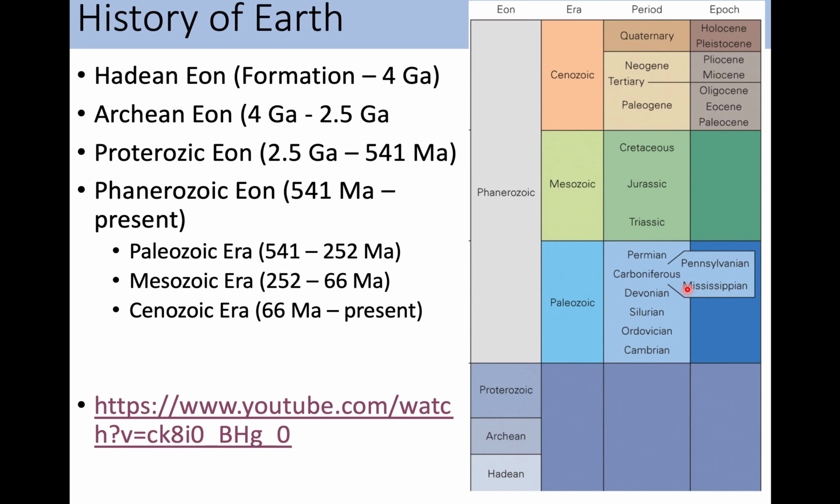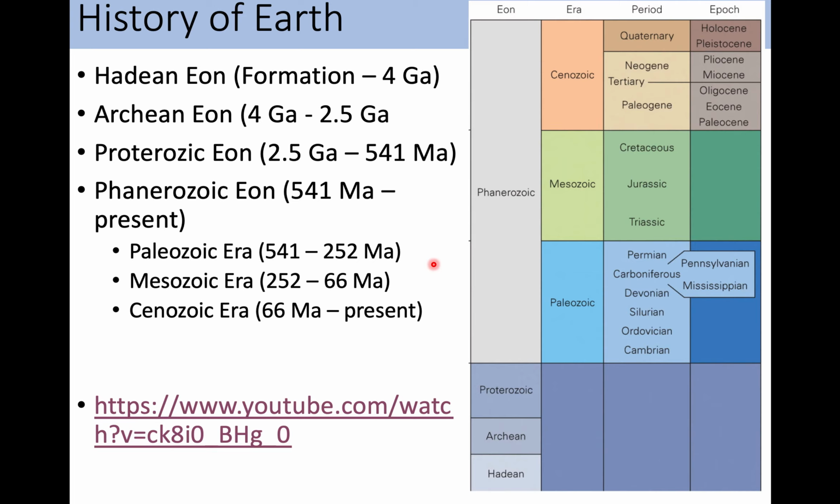So here's a review. We have our important eons, first the Hadean eon, and then the Archean eon, and then the Proterozoic eon, and then our current Phanerozoic eon, which includes the Paleozoic, Mesozoic, and Cenozoic eras. Those are a lot of confusing names, so that's why I put it all on this one slide.